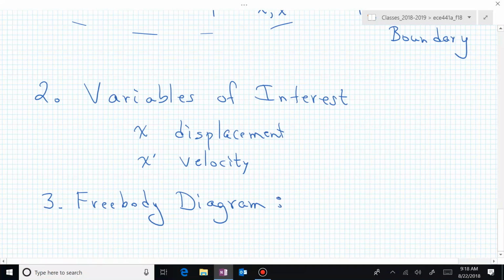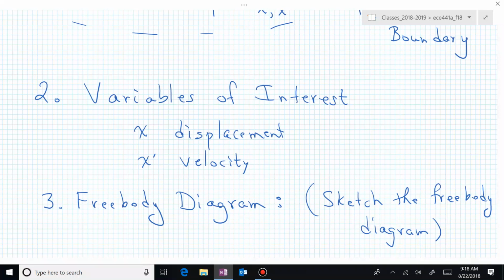So I'm wanting you now to sketch the free body diagram. And it shouldn't take you that long. I'll give you 1 more minute to sketch that.